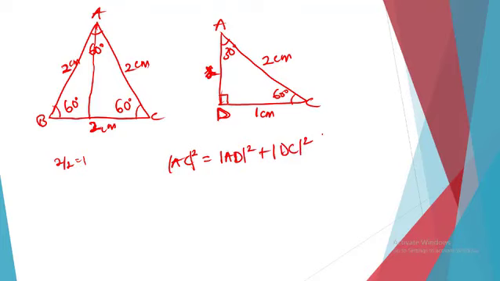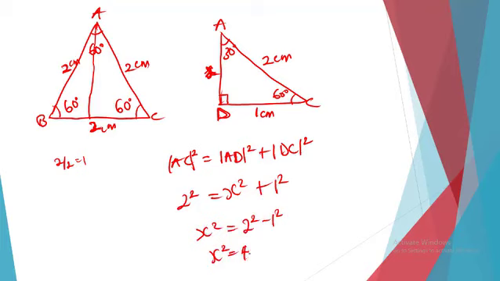Okay, that's the formula, and we call it what? Pythagoras theorem. Okay, Pythagoras theorem. So AC squared is what? 2 squared equal to AD squared, x squared, plus what? DC squared, 1 squared. So x squared would then be equal to 2 squared minus 1 squared.